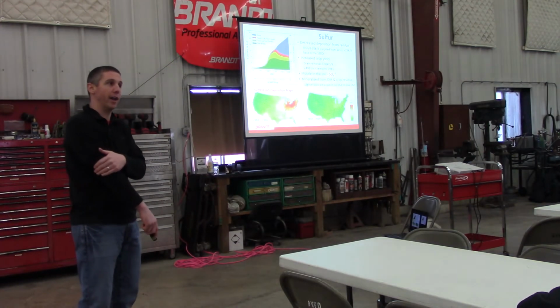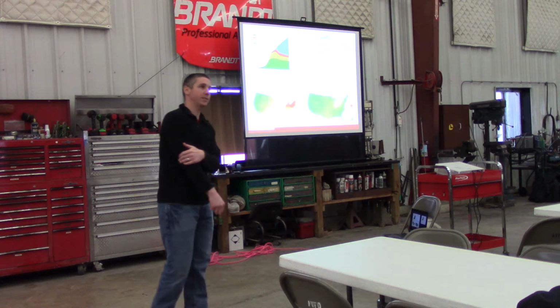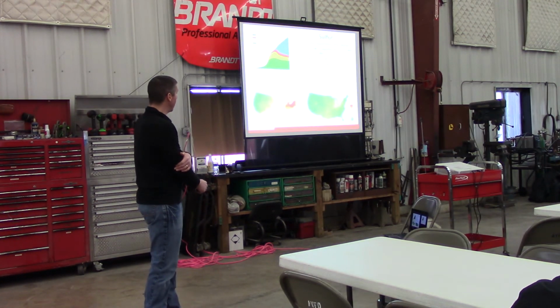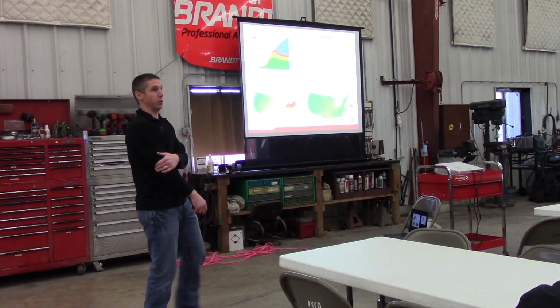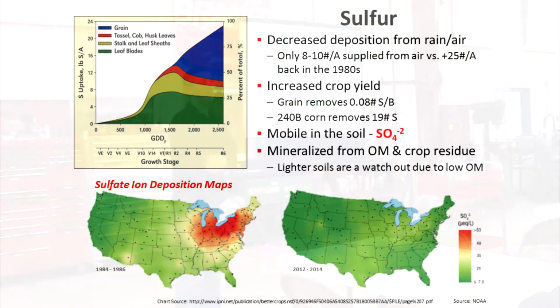We were burning high sulfur coal from southern Illinois and the eastern seaboard. Red was bad to the EPA, but it was green for farmers, because we used to get 25 pounds of sulfur deposited out of the air. It wasn't enough to burn you with acid rain, but it was enough to feed a crop.